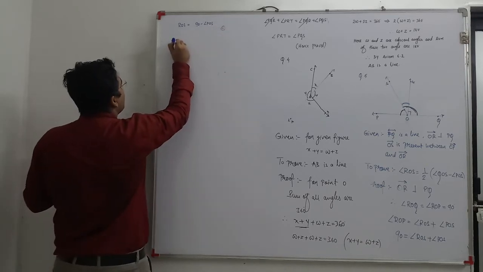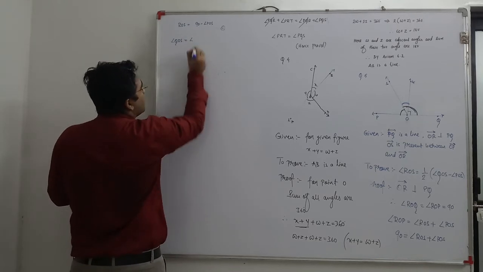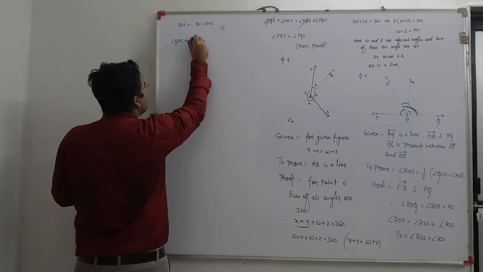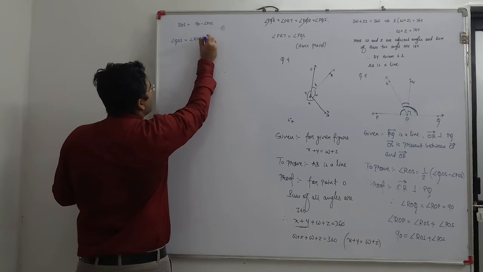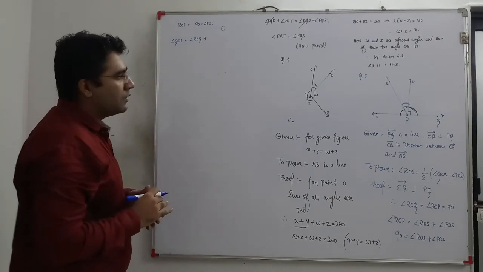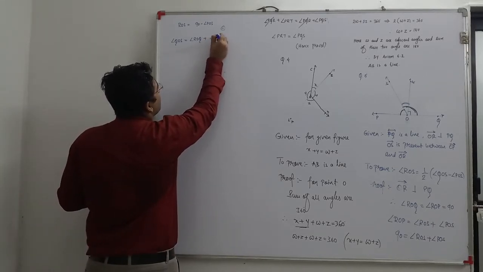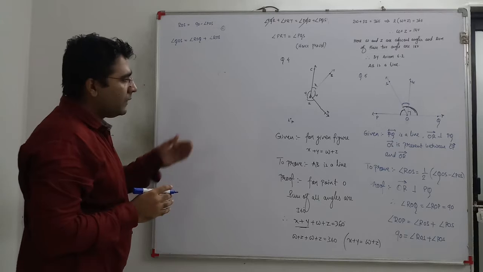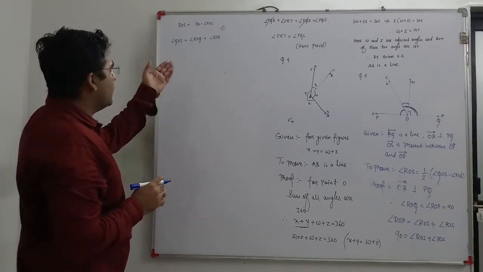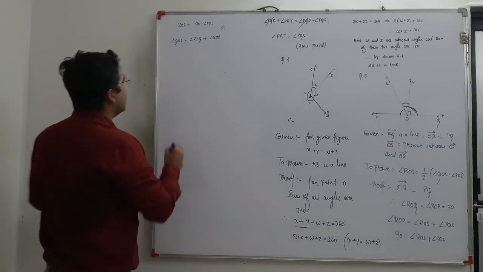So angle QOS is equal to angle ROQ plus angle ROS. Now angle ROQ is equal to 90 degrees.